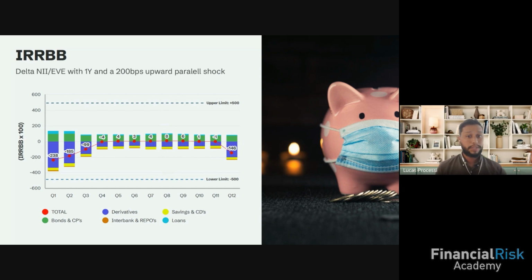But we can also tell the model to immunize completely the portfolio, or we can also decide what is the exposure that we want to have given our expectations on the yield curve. So we can force the model to make that decision or to position in terms of IRRBB at a specific level. Okay, so these are some of the options you have when we are telling the model how to manage interest rate risk in the banking book.